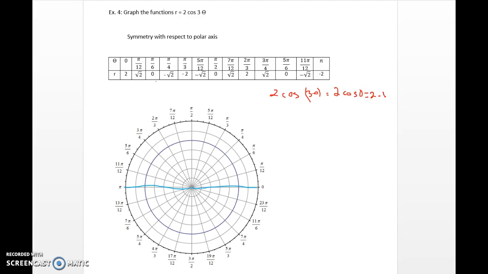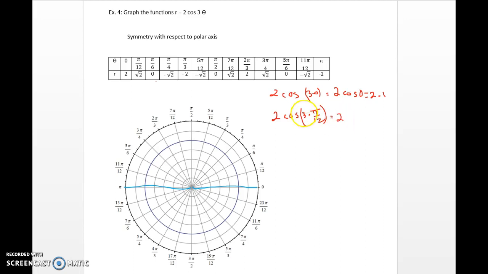If we look at pi over 12, let's do that. So 2 cosine 3 times pi over 12. I keep these in radians, though you could change them to degrees if you want to.